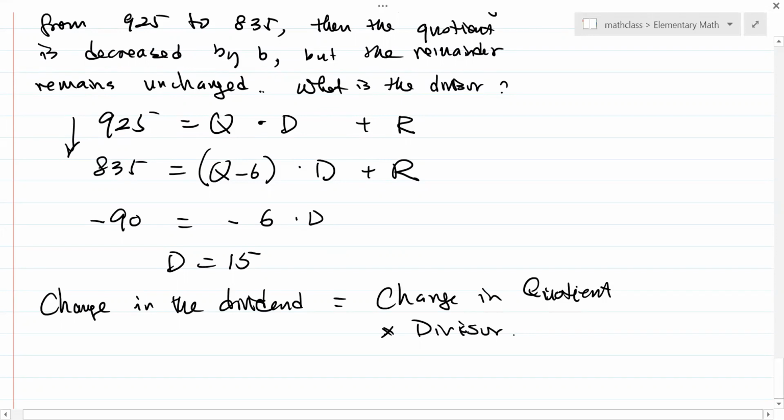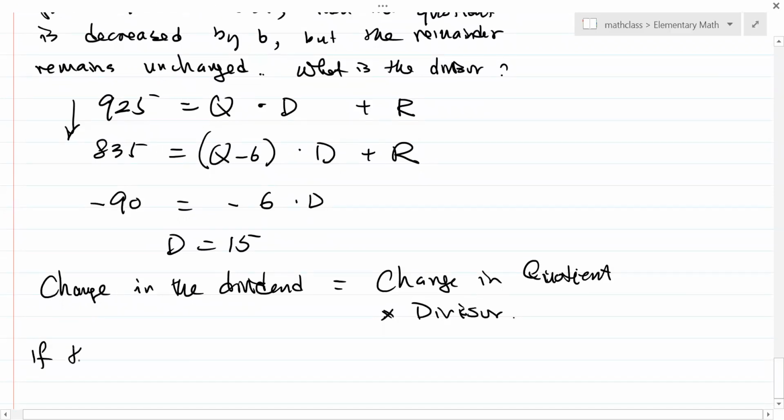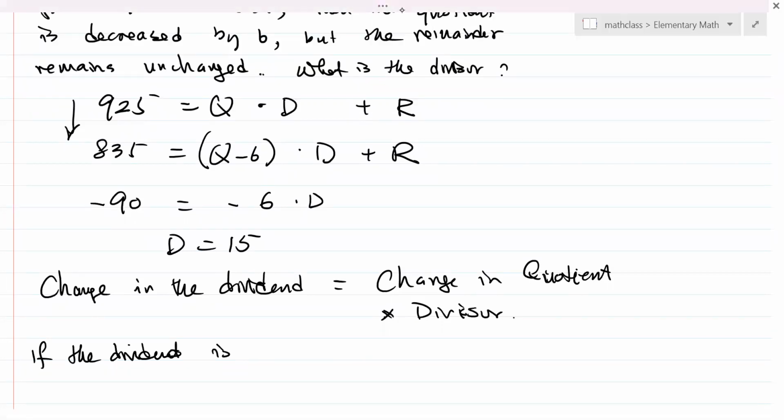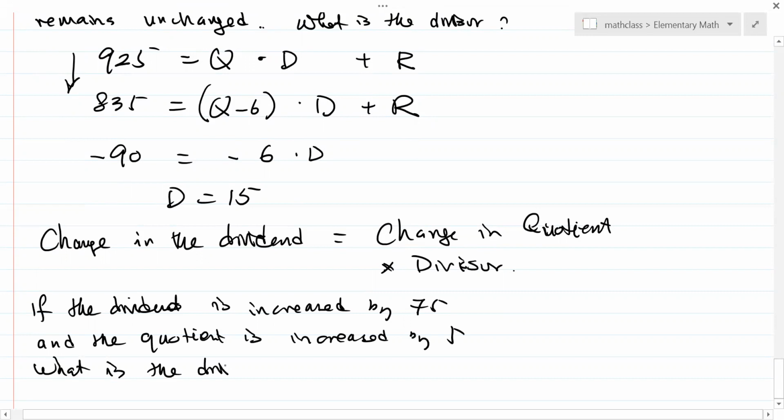So next time if I say the dividend is increased by 75, and the quotient is increased by 5, what is the divisor?